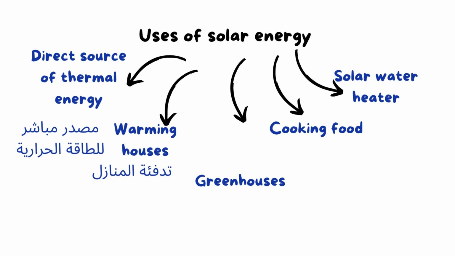And we use solar energy in greenhouses, and we will know the meaning of greenhouses, okay? We can also use solar energy in cooking food, and we will learn this great information on how we can use solar energy in cooking food. Also, we can use solar energy in the solar water heater to heat water, okay? In the water heater that works by solar energy. And we will discuss all these 5 uses now, okay?